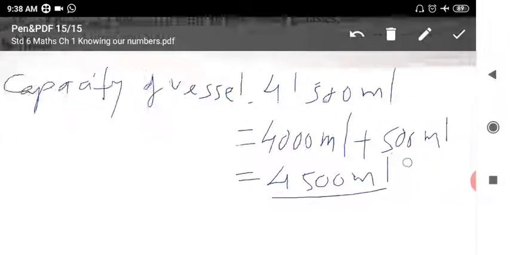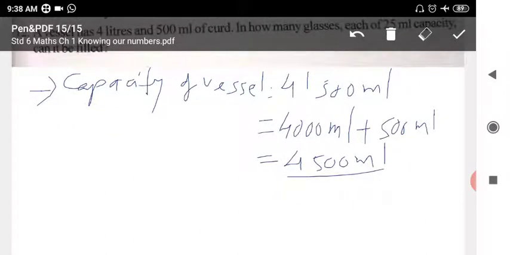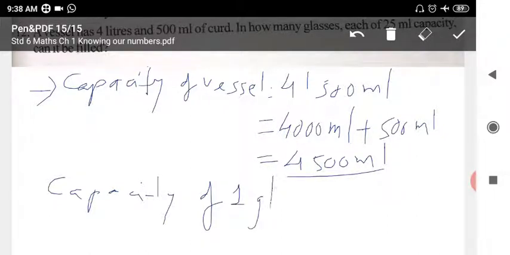Now let's see the capacity of 1 glass. Capacity of 1 glass is how much? Yes, 25 ml. So in order to find how many glasses, with 25 ml each, what we will do? We will divide 4500 by 25.